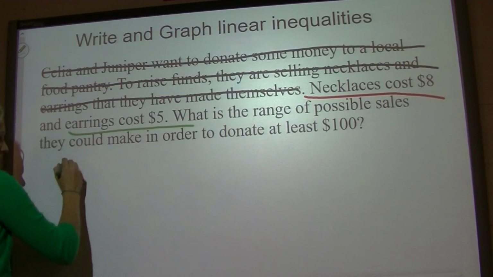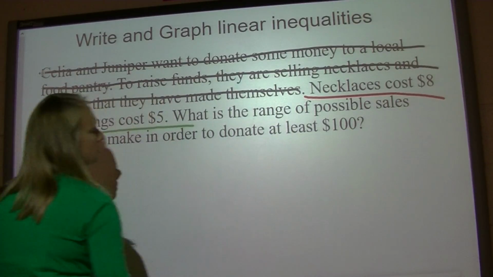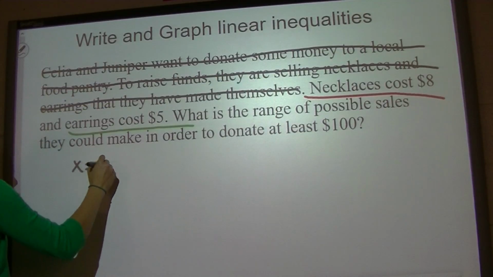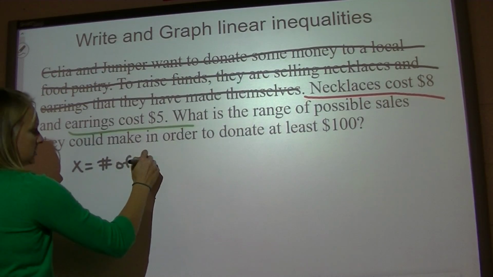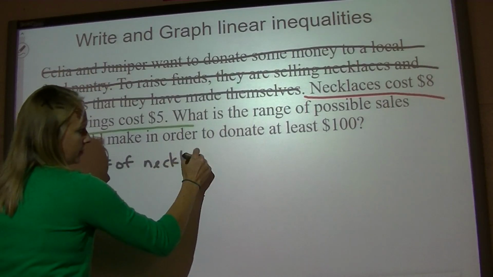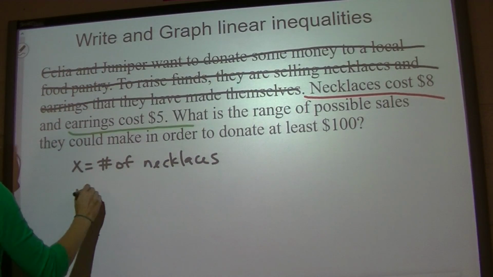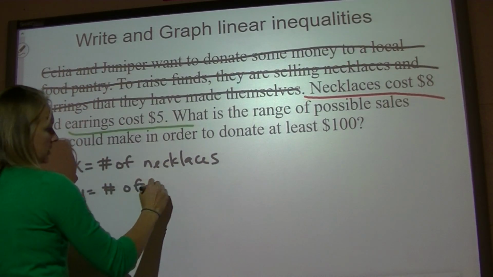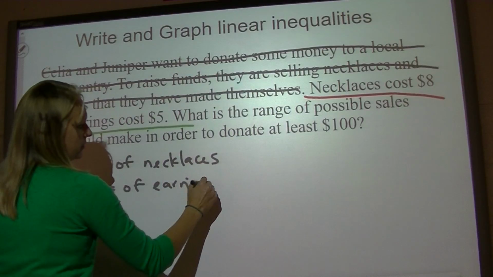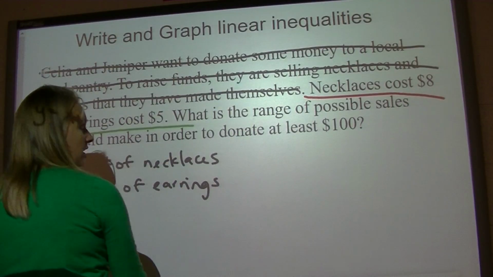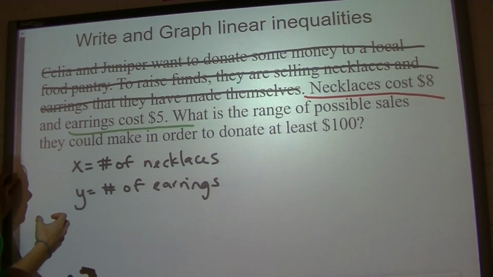Well, we need to identify that x is going to equal the number of necklaces, and then y is going to equal the number of earrings. Okay, and then we can set this up.